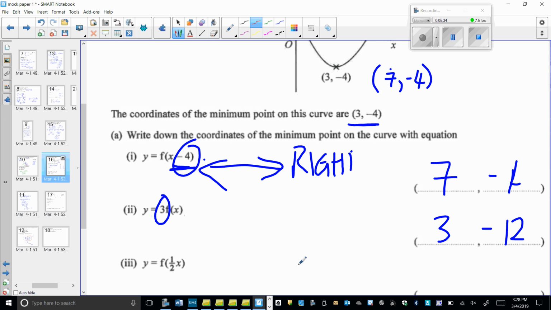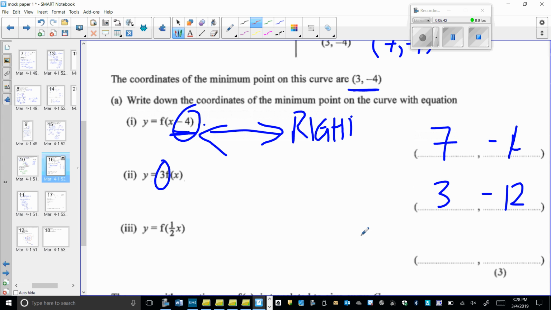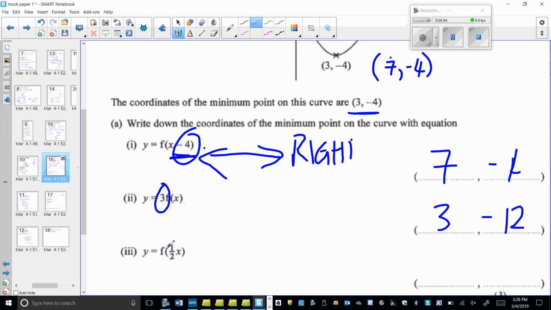A half x. So what that does is the y coordinate doesn't change, it's the x coordinate, and if you remember, if it's a half in here, then it's going to be double the x value. So in other words, you're going to multiply by 1 over this value. 1 over this value is 2.